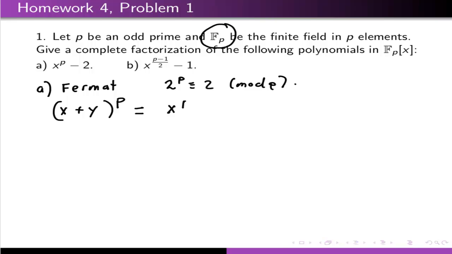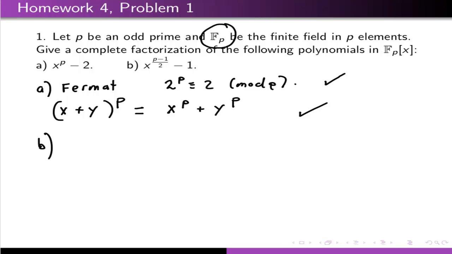Well, this is just x to the p plus y to the p. All of the other terms are divisible by p, and so they just vanish in F_p. So use these two facts and give me a complete factorization of x to the p minus 2 into linear factors.